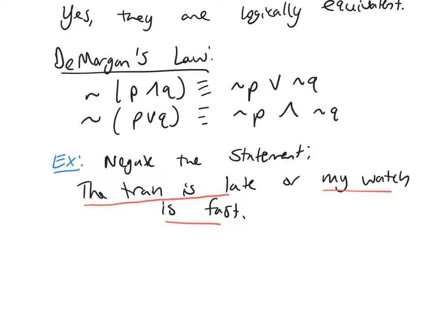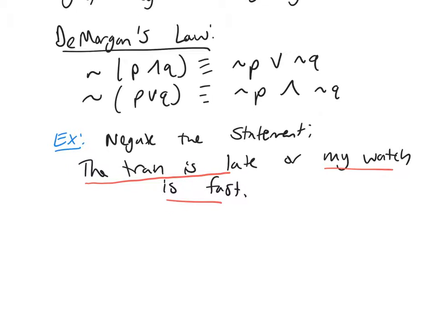So let's negate it. So you're going to negate each part that I've underlined in red. So let's start. The opposite of the train is late is the train is not late.